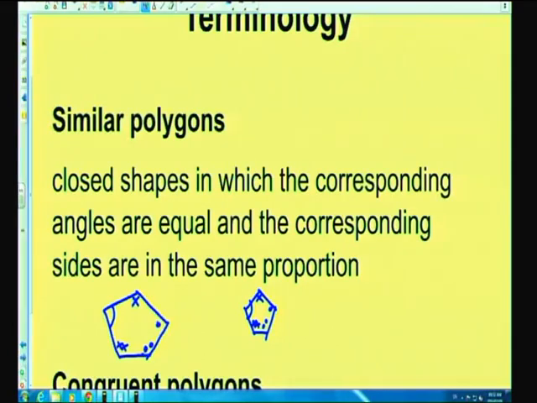Then the corresponding sides are in the same proportion. So this side will be proportional to that side, and the ratio of that to that is equal to the ratio of that to that, etc.